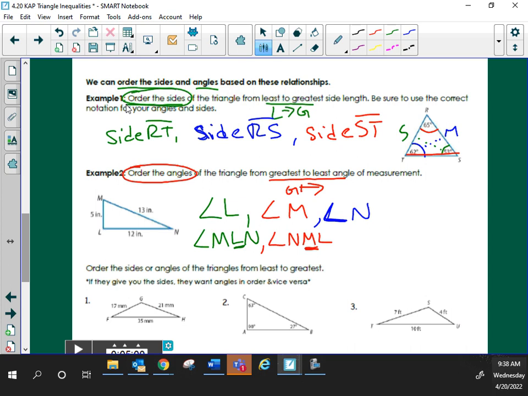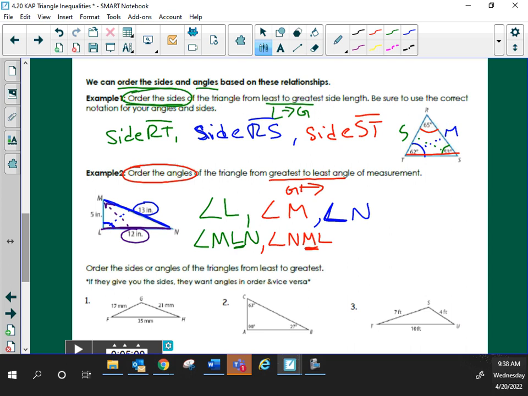Because I'm looking for the greatest angle, I'm going to look for the greatest side first. So I have 5, 13, and 12. Which of those is the greatest? 13. So that is this side right here. We have to think to ourselves what angle controls that. It's the angle that is across from it. So that was angle L. Then we said 12 would be the next biggest. That's this side right here. What angle controls it? The one opposite. So that's N. So on and so forth.